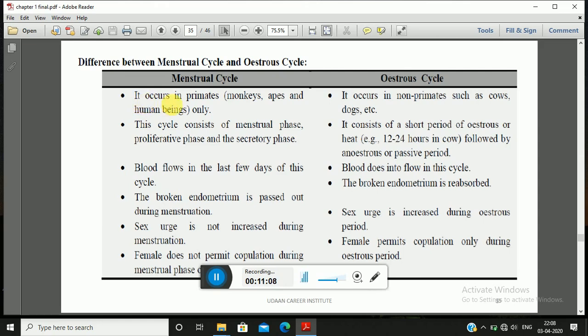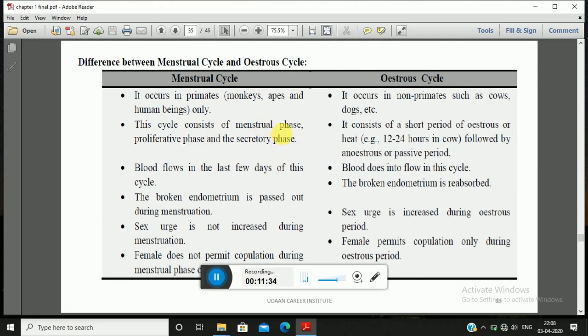The menstrual cycle takes place in primates, that is monkeys, apes and human beings only. The oestrus cycle occurs in non-primates such as cow, dogs, etc. So this is the first difference. The second difference is that the menstrual cycle consists of three different phases.